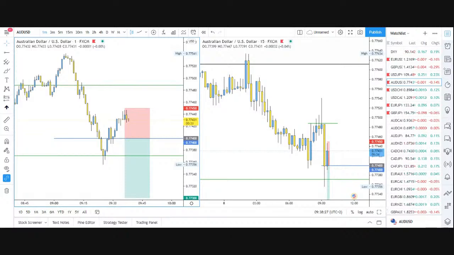Guys, remember, as I mentioned, I'm splitting my risk between these two trades, so it's half and half of whatever I usually risk, because I only get 2 trades a day. So yep, we'll see how these play out.